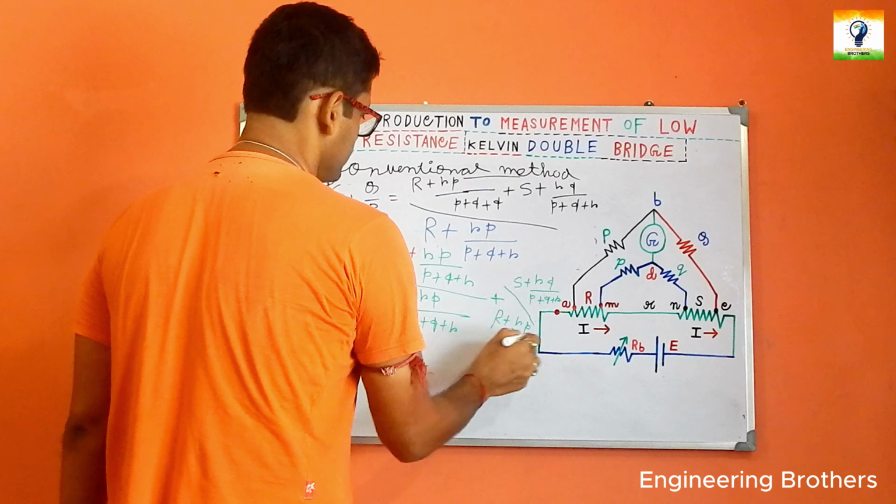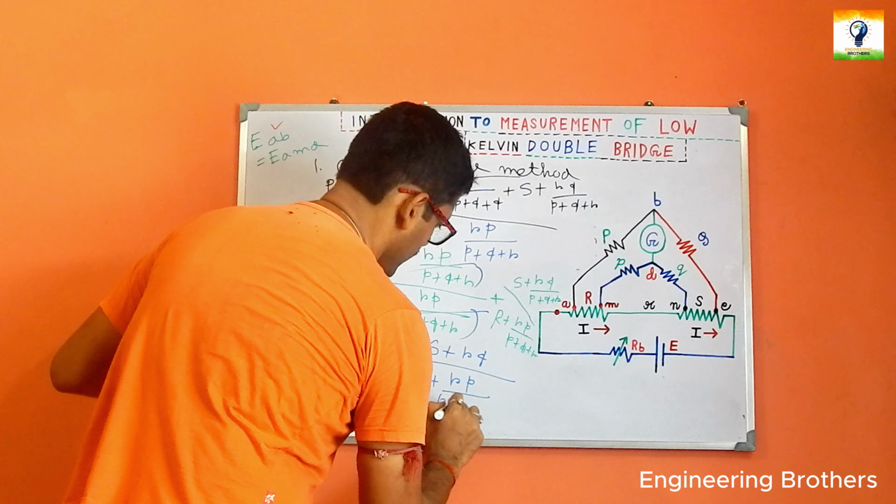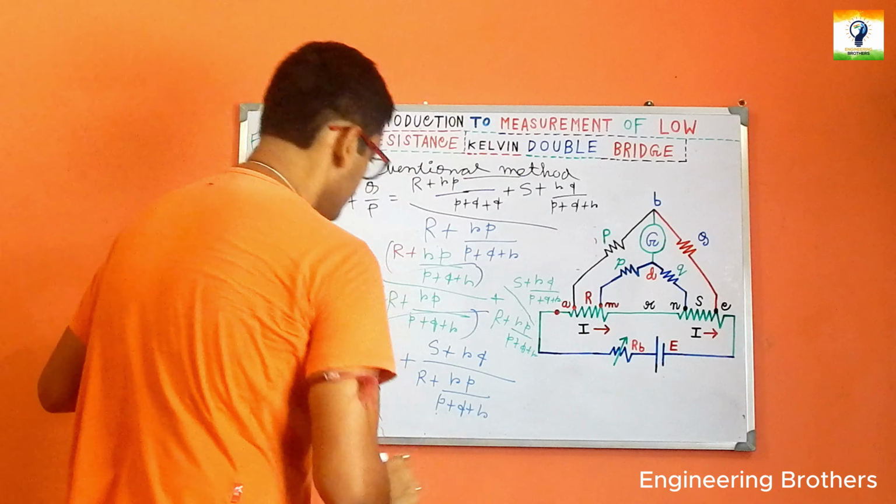What will be the next step? The next step is 1 plus q by p, which is 1 plus s plus small q divided by r plus small p divided by p plus q plus r. So ultimately this 1 will be eliminated, and finally we have got this expression over here.